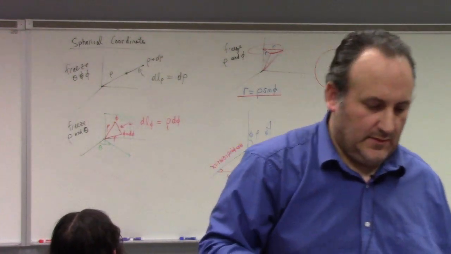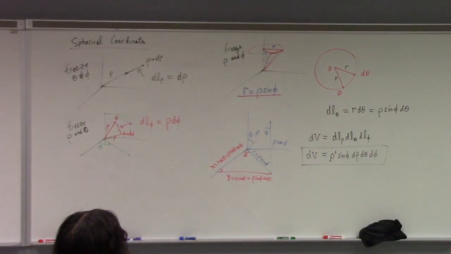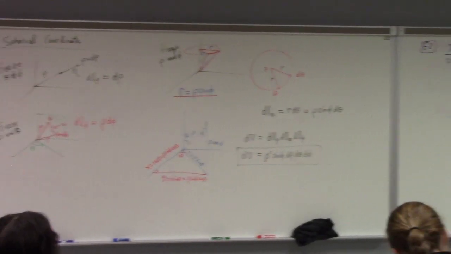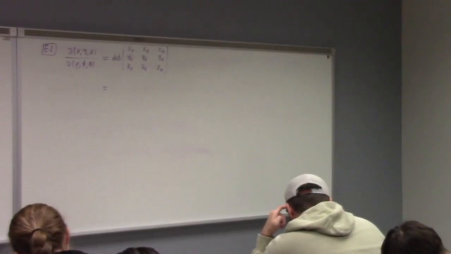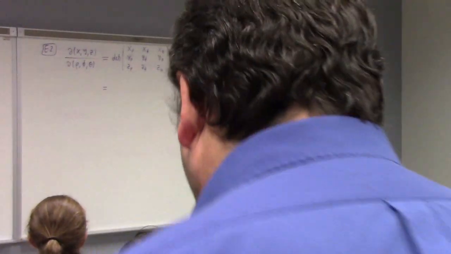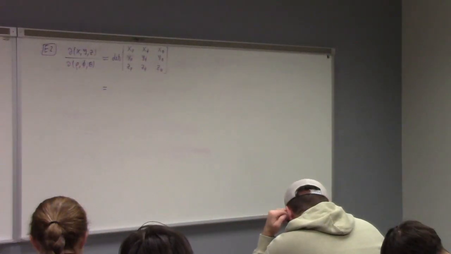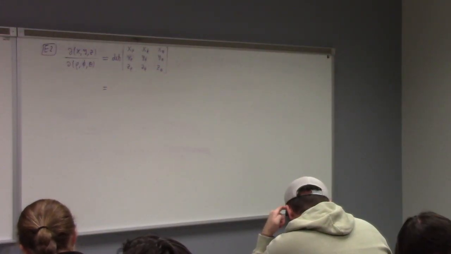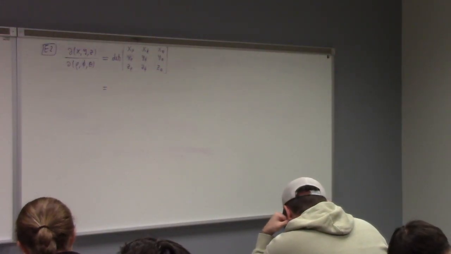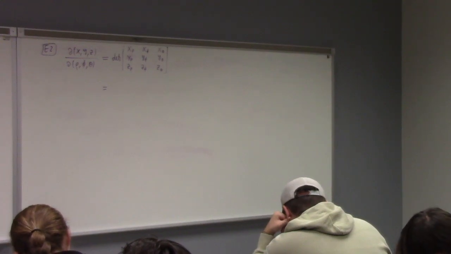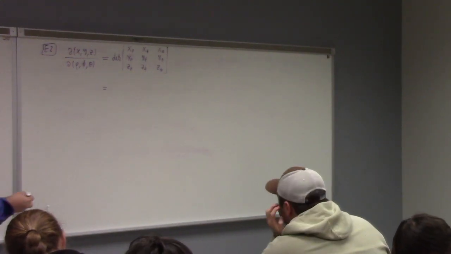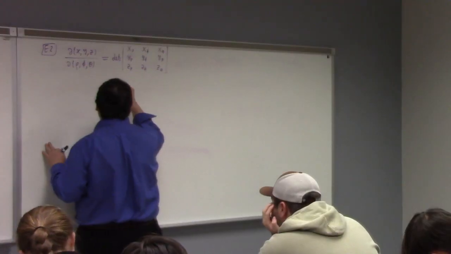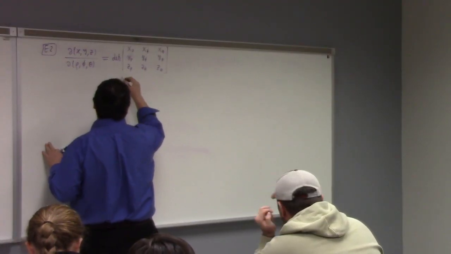So the question is, how do we calculate those determinants? All right. So the rho partial derivatives are super easy, right?